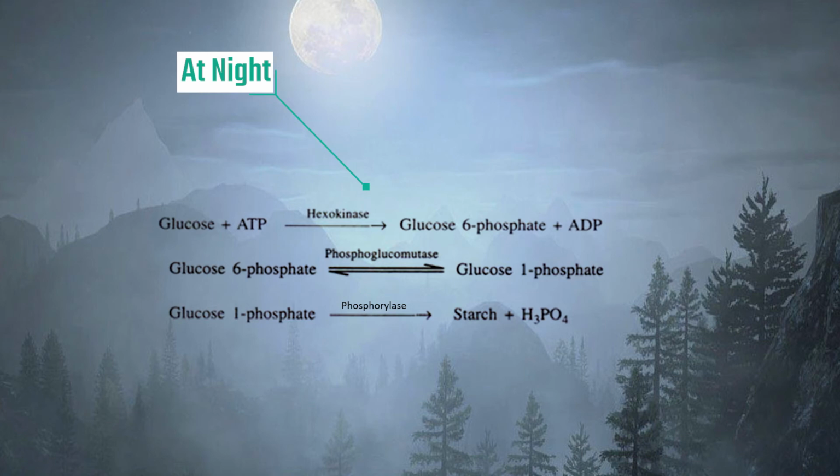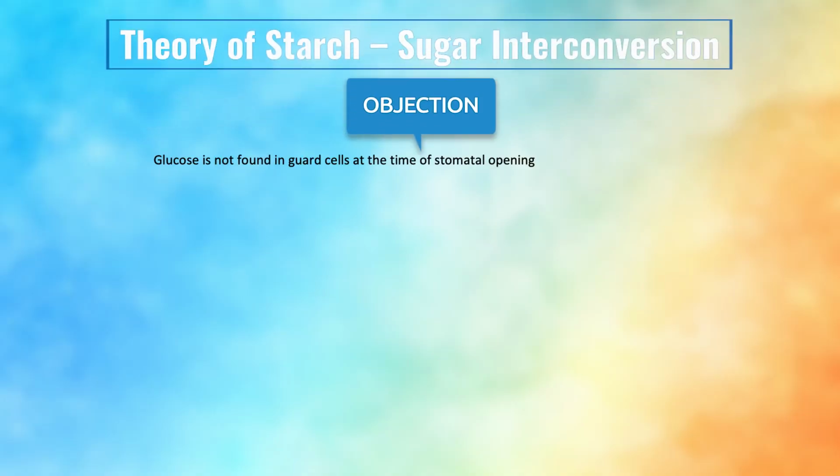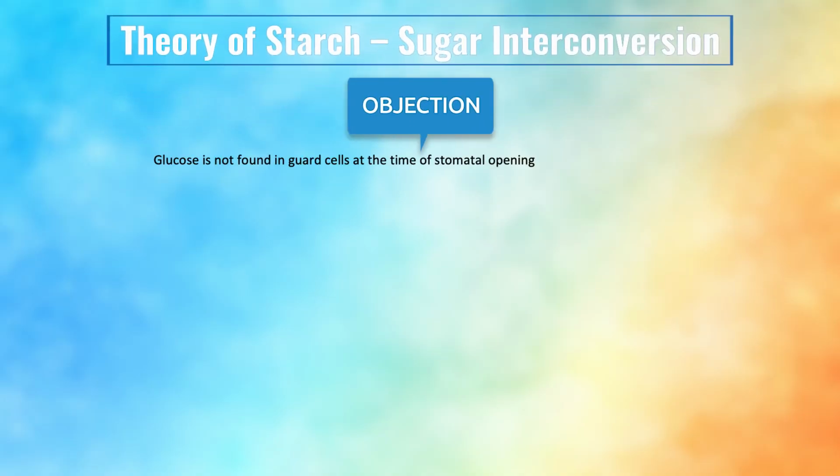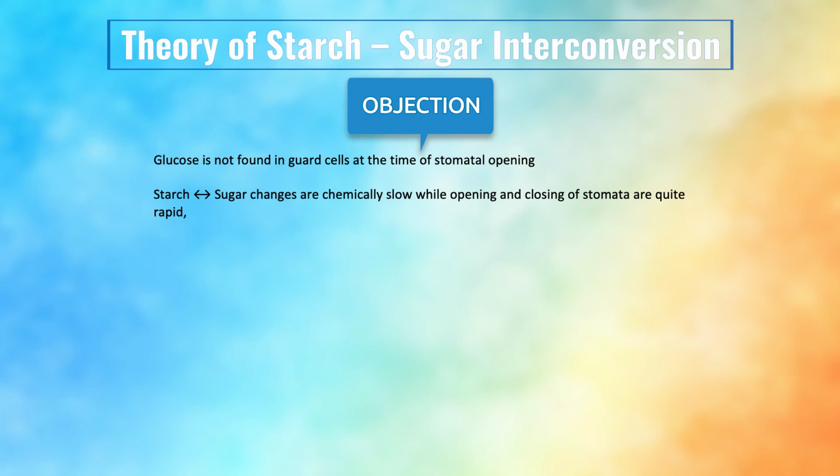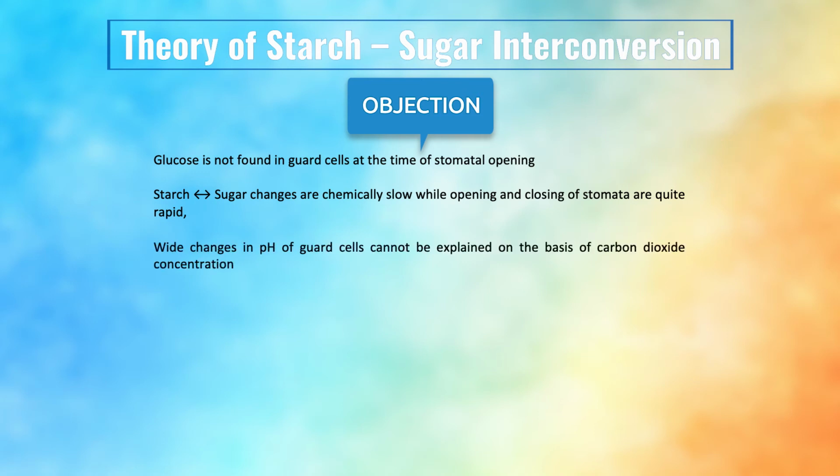This theory has also some objections. They are: glucose is not found in the cells at the time of stomatal opening. Starch-sugar change are chemically slow, while opening and closing of stomata are quite rapid. Wide change in pH of guard cell cannot be explained on the basis of carbon dioxide concentration.